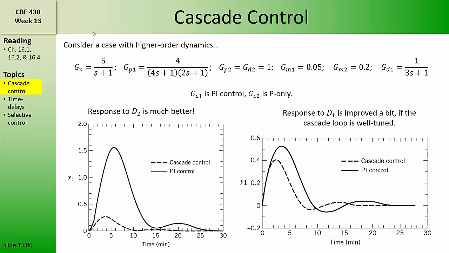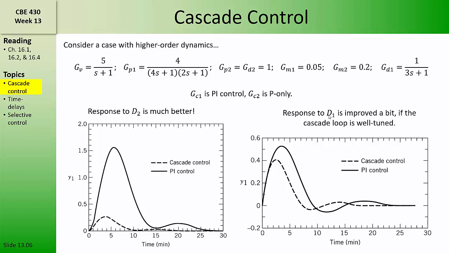When there's a step disturbance in D2, we can say that using PI control only in the primary loop with no cascade control, that is, no secondary loop, there's a significant disturbance in the controlled variable. However, when the secondary loop with a P-only controller is put online, the response to disturbances D2 is greatly improved.